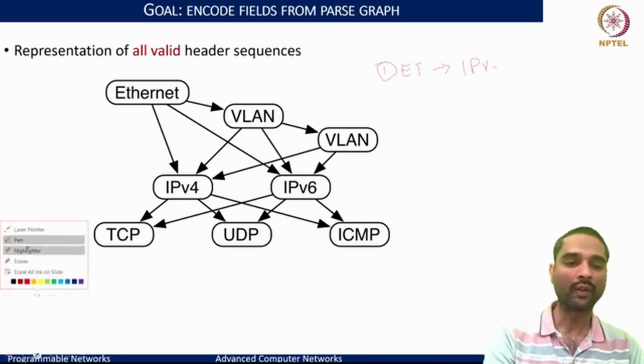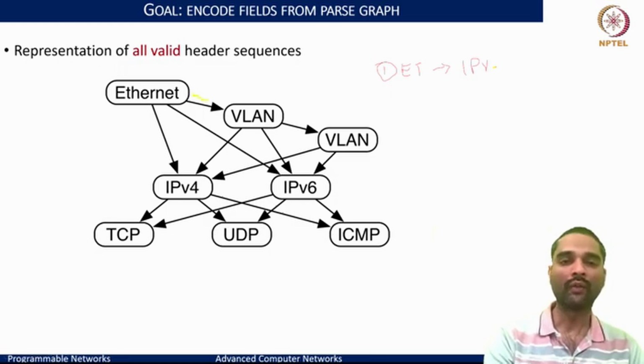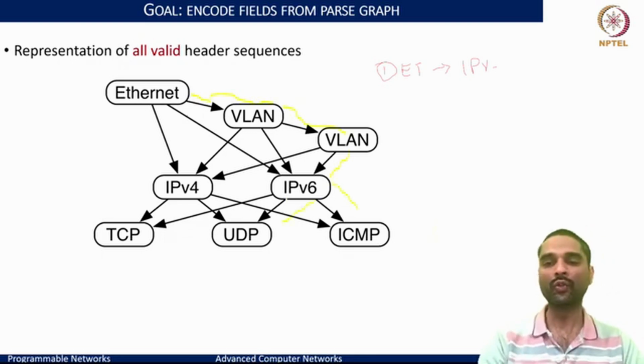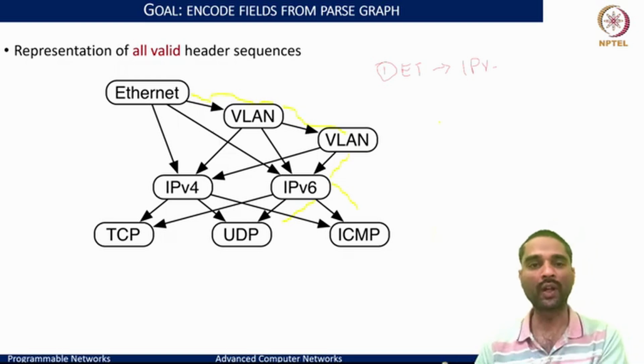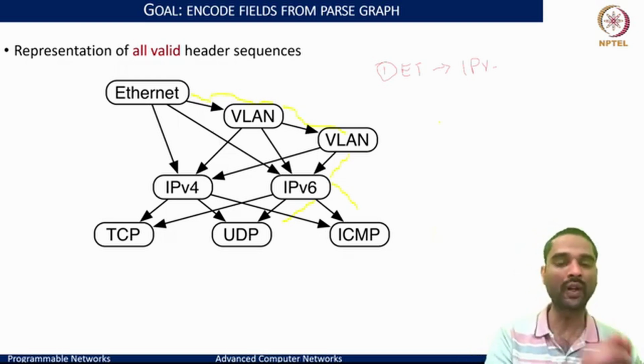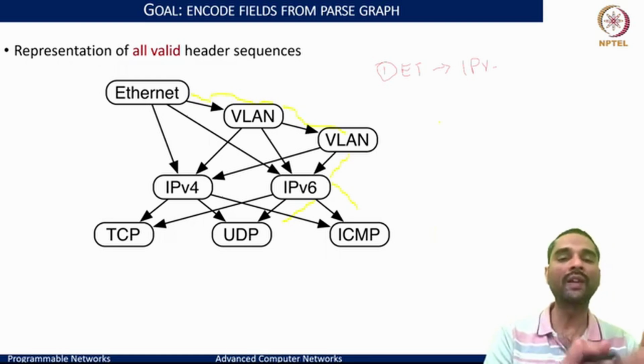Likewise, we may have Ethernet, VLAN followed by another VLAN, and then IPv6, and then ICMP or UDP. So we can have many parse graphs which help us understand all the valid sequences that we can build.